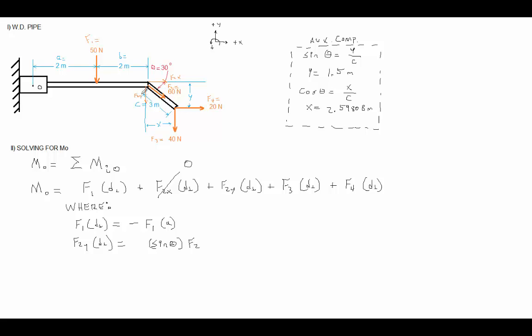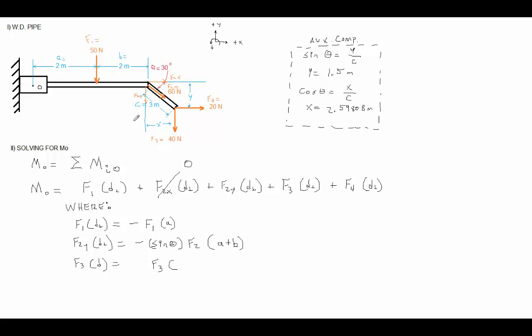Now we need to look at its perpendicular distance. F2y is right here, and it is a plus b away from point O. And if we do our good old ruler trick for F2y, it's going to pull the ruler down, once again producing clockwise rotation, which we have defined as negative. F3 times d perpendicular is going to be F3 times its perpendicular distance.